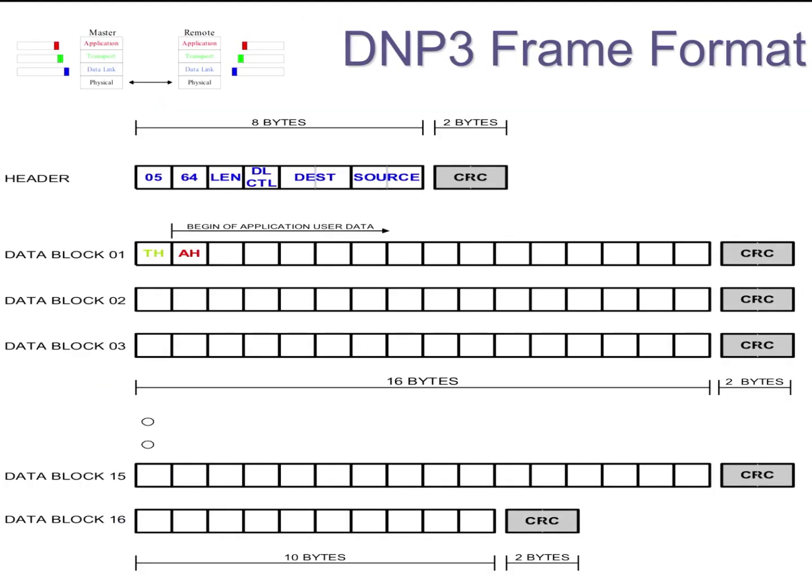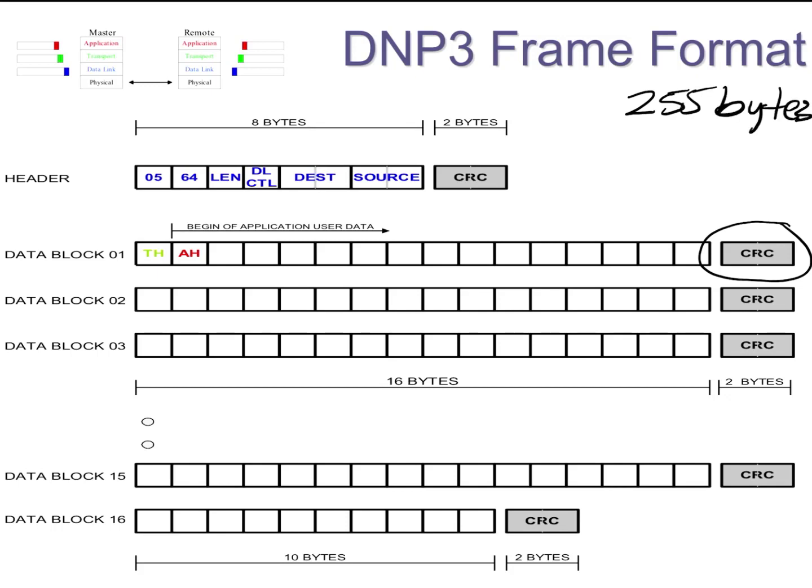All right, so this is indicating the DNP frame format, and just like I mentioned, you've got your 16-byte data blocks, and every 16-byte data block ends with a 2-byte CRC, and you can see that carries all the way through until you've reached your maximum number of bytes. Now, the maximum number of bytes we said was 255 bytes.